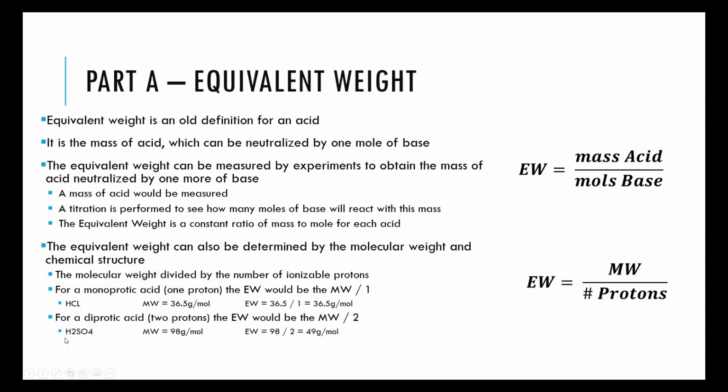For every 1 mole of sulfuric acid, 2 H+ will come off and react with the sodium hydroxide. Therefore, 1 mole of sodium hydroxide would be able to react with half of that acid, 49 grams. So the equivalent weight is equal to the molecular weight divided by the number of protons that are on the chemical structure.